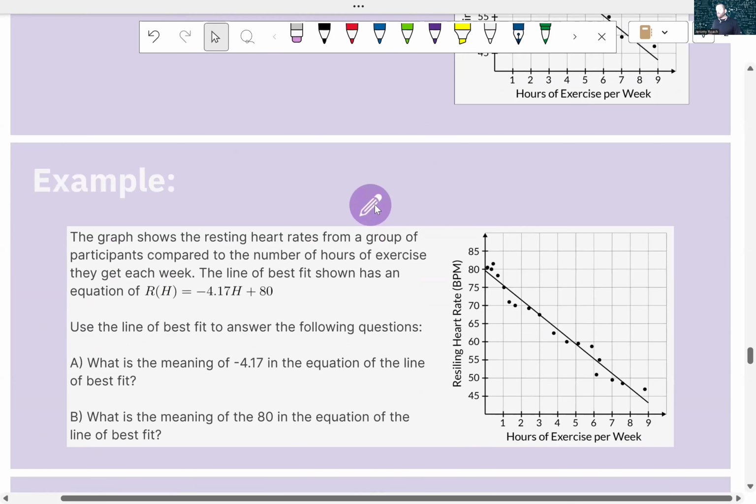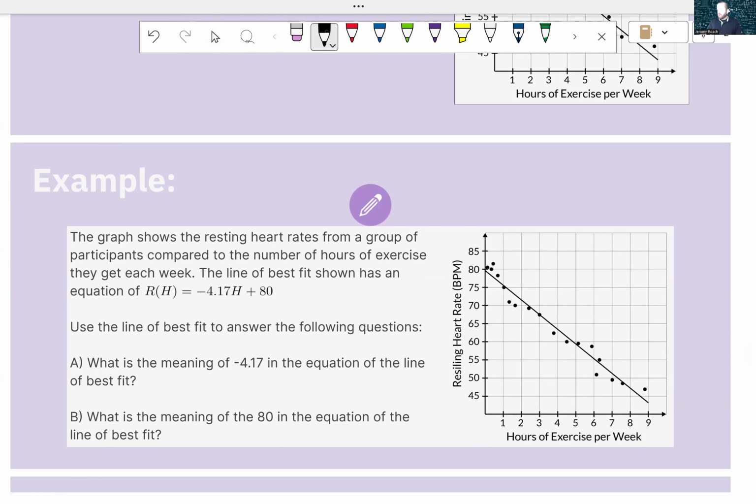Now we have an actual function for this line of best fit. If you were to plug in all of these dots into Desmos like we did earlier in the example, and then do the line of best fit equation, you would get this for the equation.